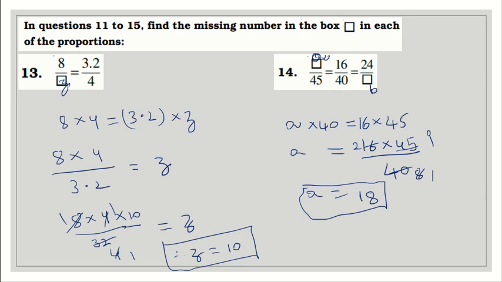So here the value of B can be found: 24 into 40 by 16. 8 5s are 40, 8 2s are 16, 2 12s are 24. So 12 5s 60 will be the value of B, this missing number. Now moving on to the last question in this section.